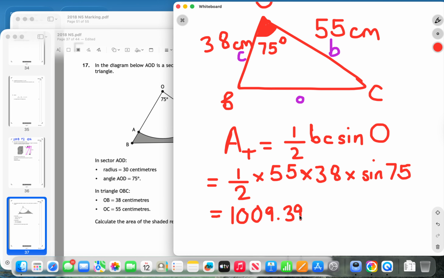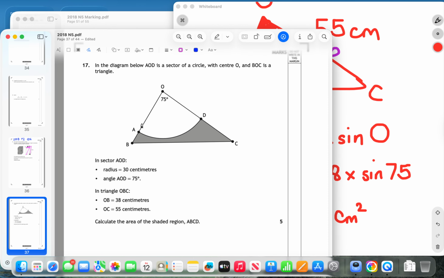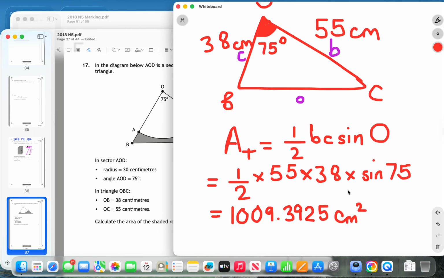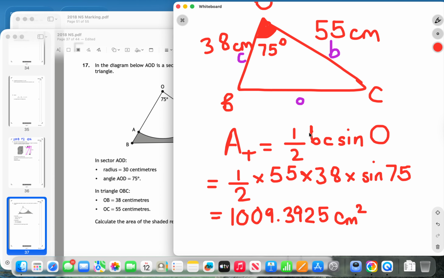So I'm going to leave 4 decimal places at the minute, and the units of centimetres squared. It's area, so it's squared, and the lengths of the sides are given in centimetres. So that's us found the area.